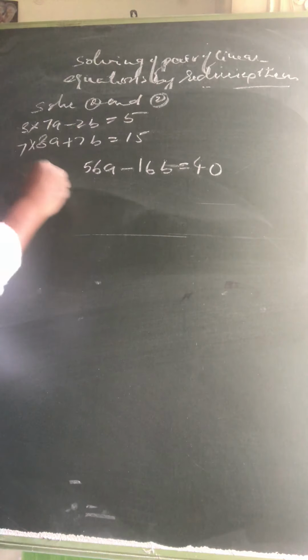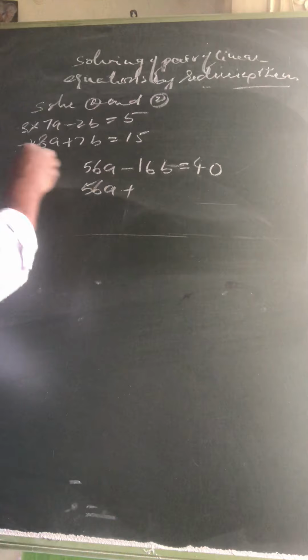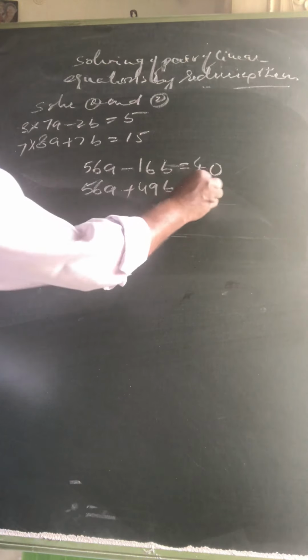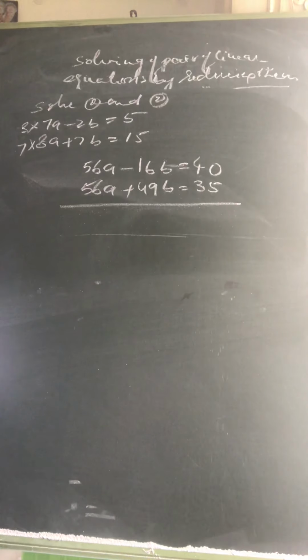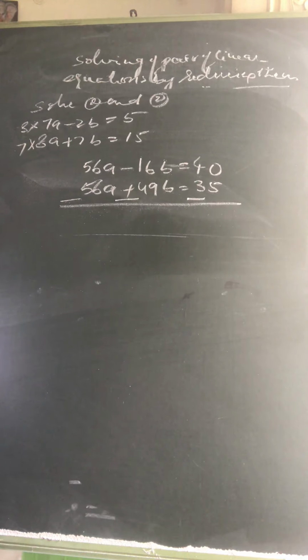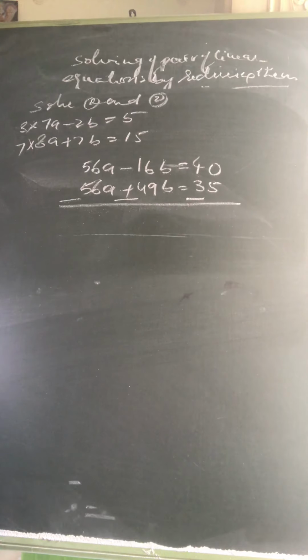So here 8 sevens are 56a minus 8 twos are 16b is equal to 8 fives are 40. 7 eights are 56a plus 7 sevens are 49b is equal to 35. Now subtract. Now this a term is cancelled.